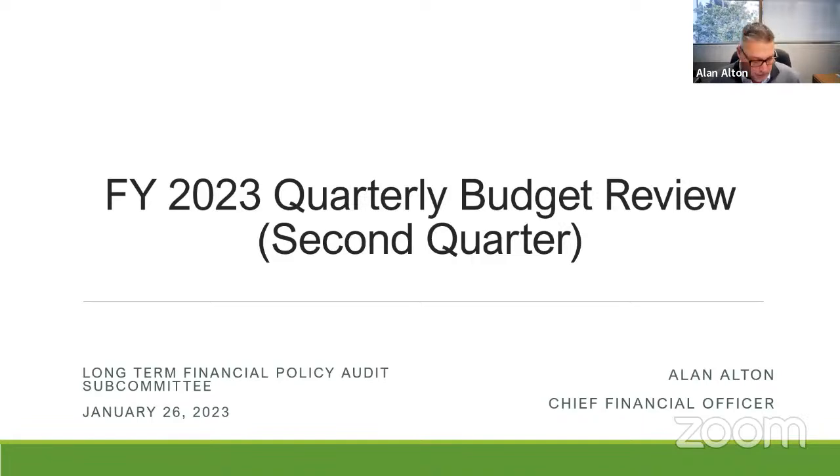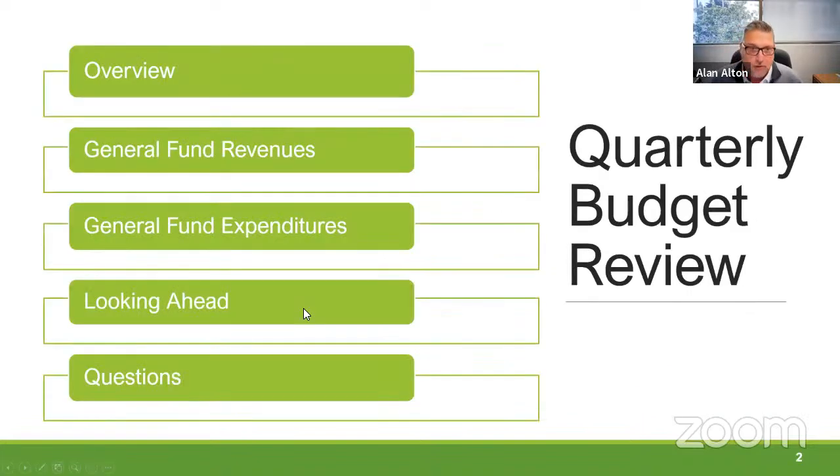So with that, let's move on to the next slide. So this is our quarterly budget review. We'll do a quick overview, go through the general fund revenues and expenditures, and then we do a thing that I like to call looking ahead.